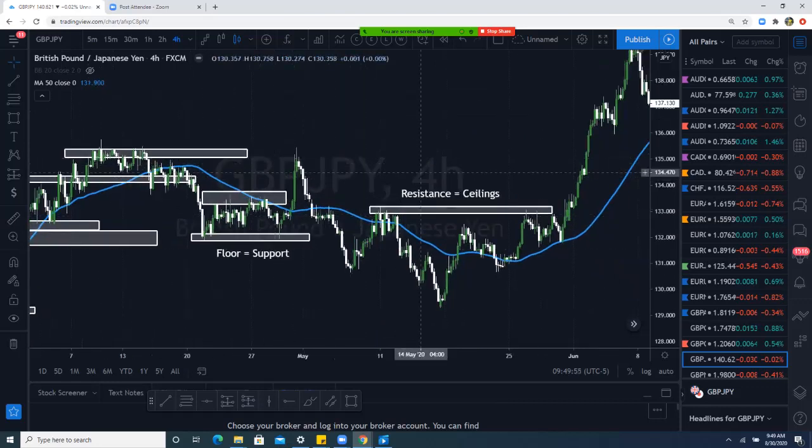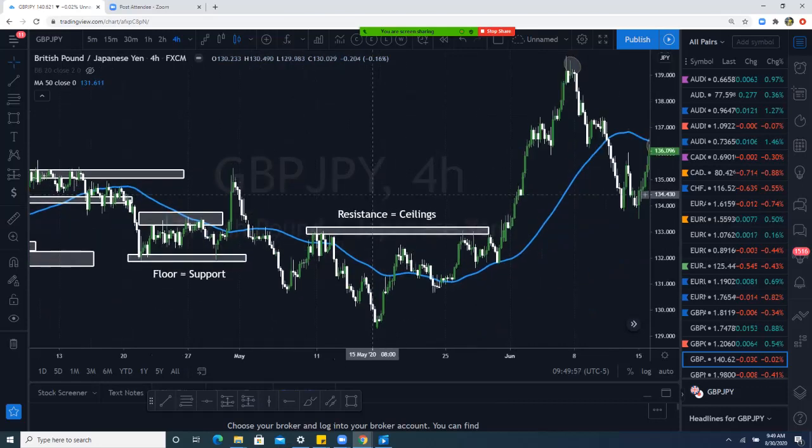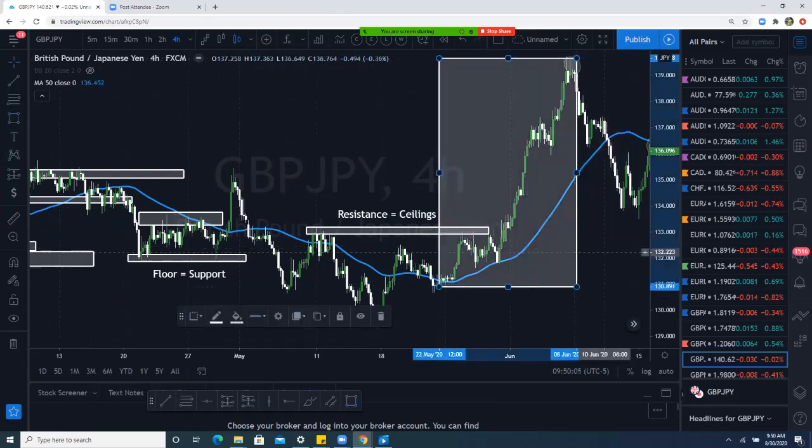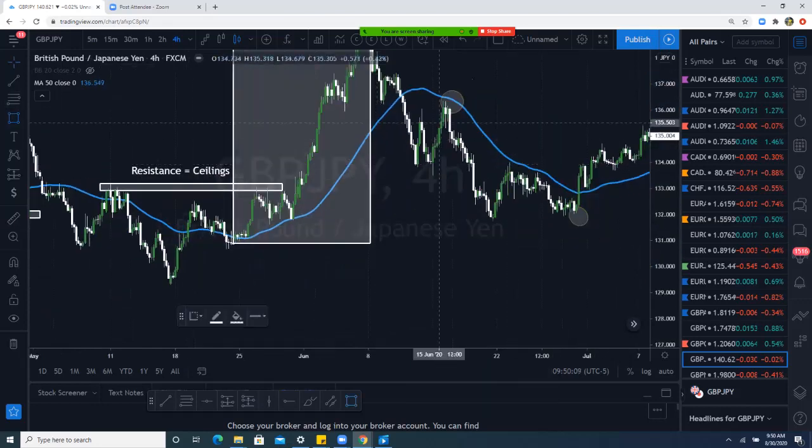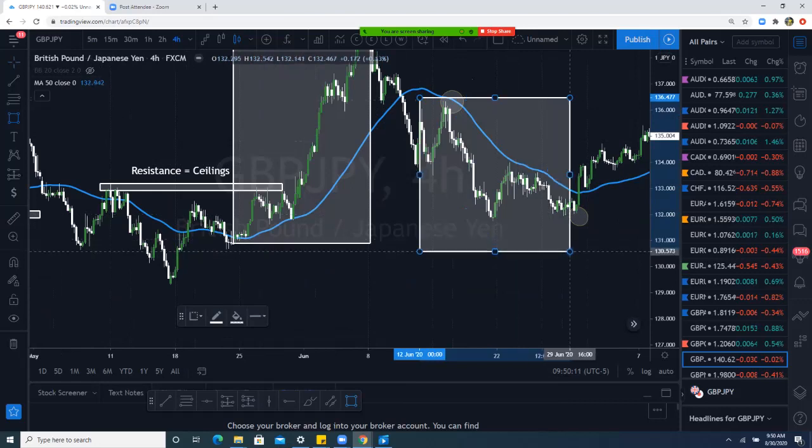But with a moving average, you'll be able to identify trend by looking at if price is going to be above the moving average or trade below the moving average. If price is above the moving average, it's going to be in an uptrend. If price is below the moving average, it's going to be in a downtrend.